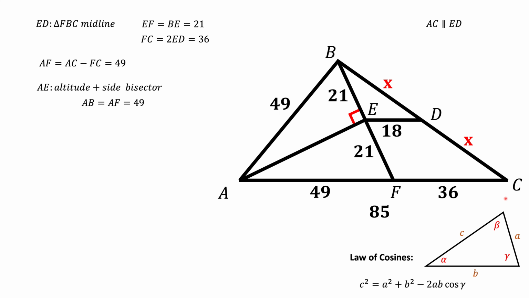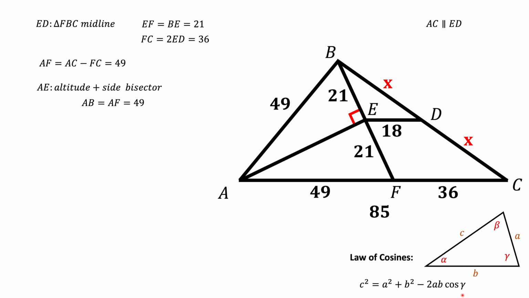So in the law of cosines, to remind you, if I know two sides of a triangle, let's say A and B, and I know the cosine of the angle between them, that's sufficient to find the third side of the triangle using this formula.